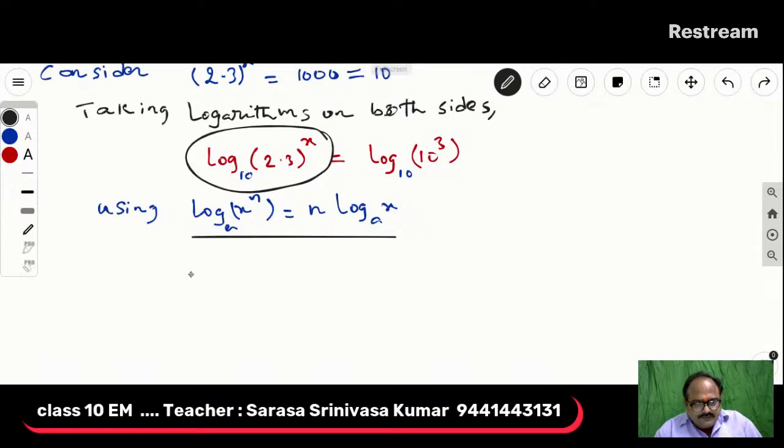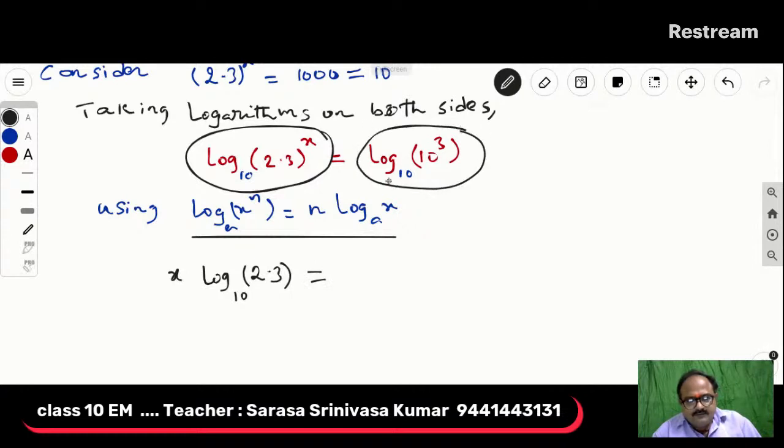We can write it as x log 2.3 base 10. The right hand side term is also in the same form, so we can write it as 3 log 10 base 10.